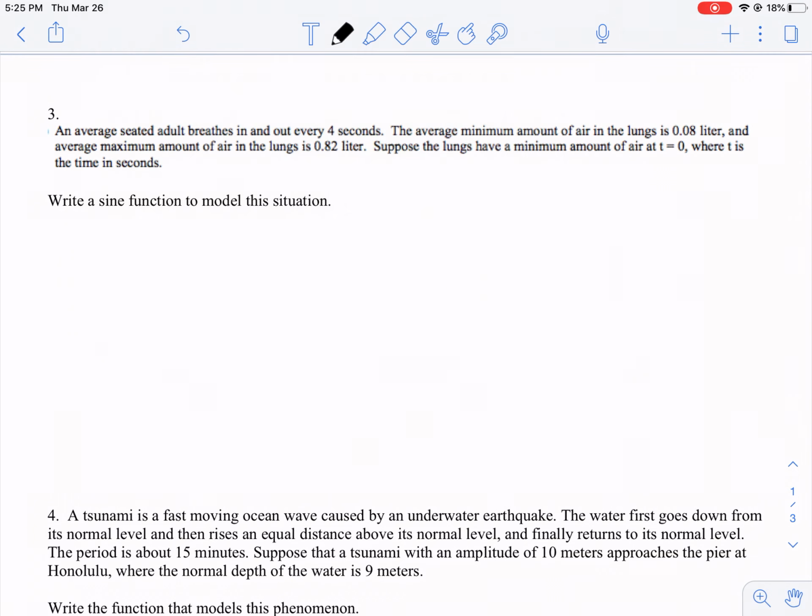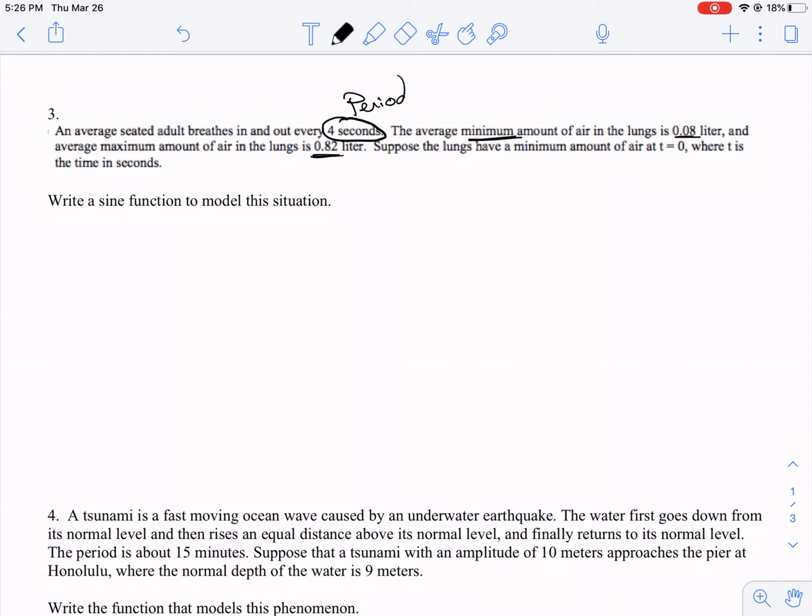Number 3. An average seated adult breathes in and out every 4 seconds. Breathing in and out is a cycle, so the 4 seconds must be our period. The average minimum amount of air in the lungs is 0.08. The average maximum is 0.82 liters.